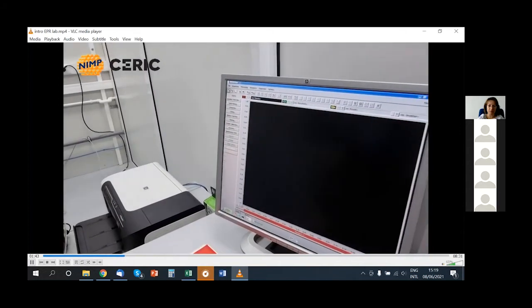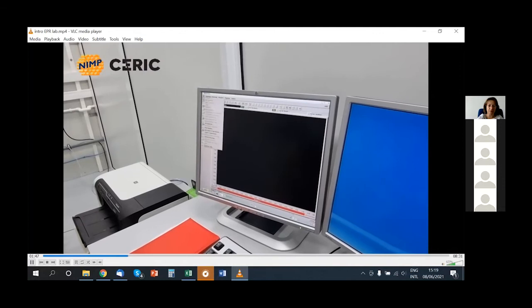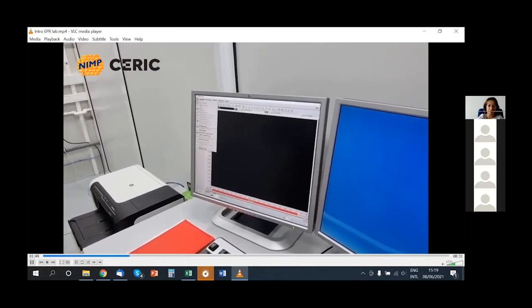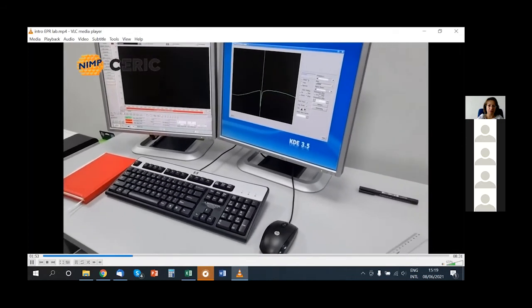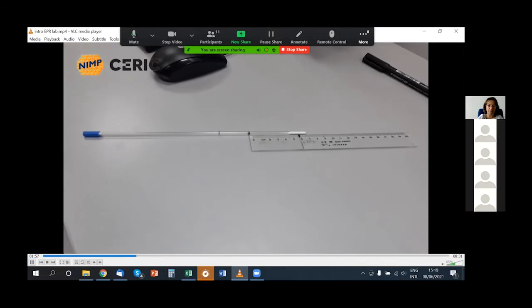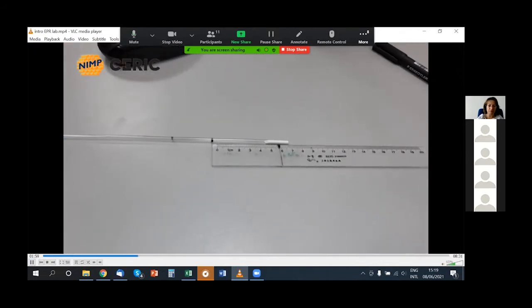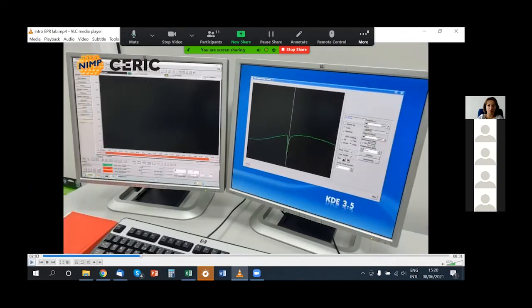Now we enter the acquisition program. And you see here the sample. And I will stop here. This is the dip of the empty cavity before entering the sample.